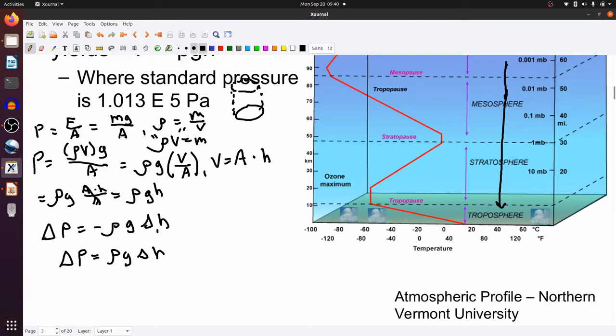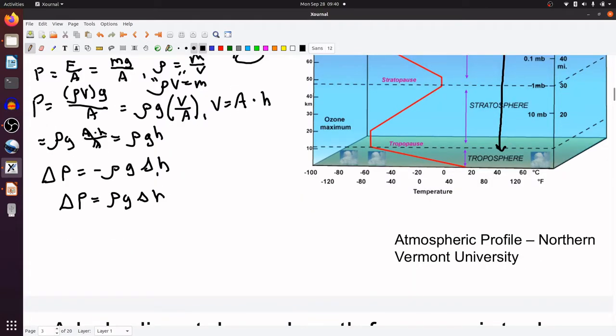One other thing that I need to mention while I am on here is pressure gauge. Basically, if I expand this out and use your book's labeling, if you have a pressure minus the atmospheric pressure, and that's equal to rho g h, this P2 is called your gauge pressure, which I always have to look up how to spell.